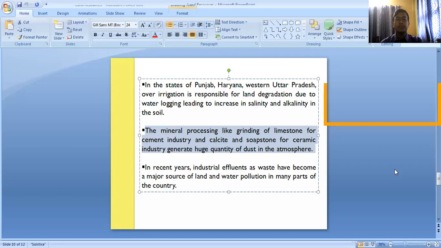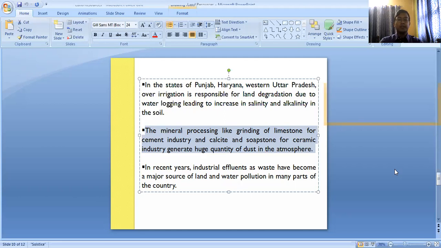When they settle on these nearby land resources, the land becomes unsuitable for agricultural and other purposes, and even the water absorbing capacity of this land reduces, because the upper layer of the soil gets covered with dust particles of limestone, and it cannot absorb the water.